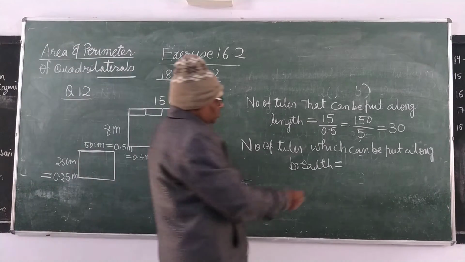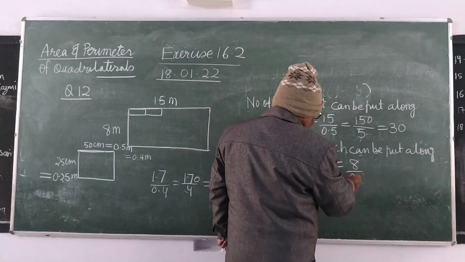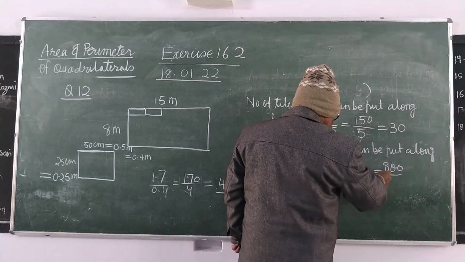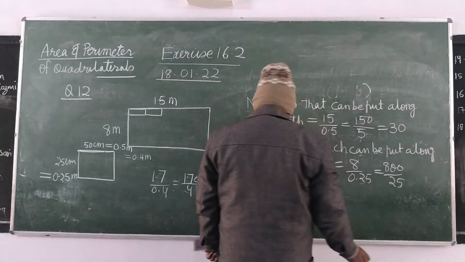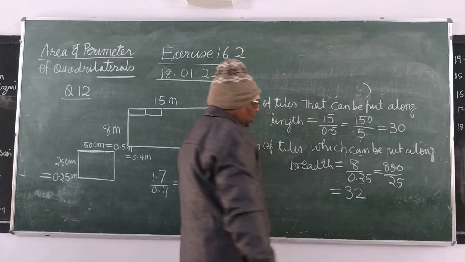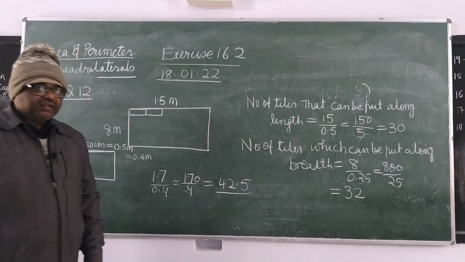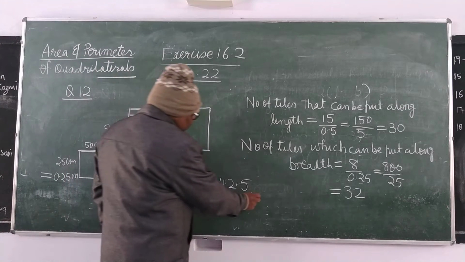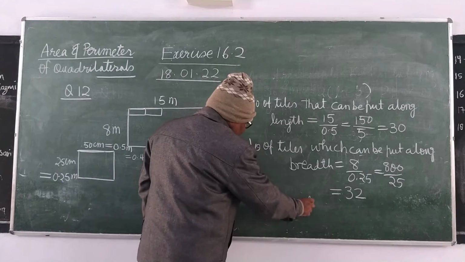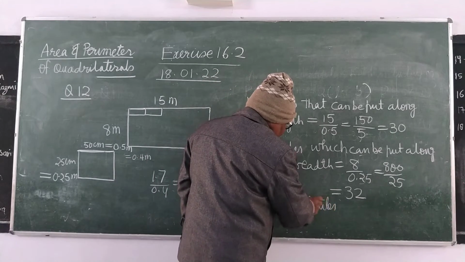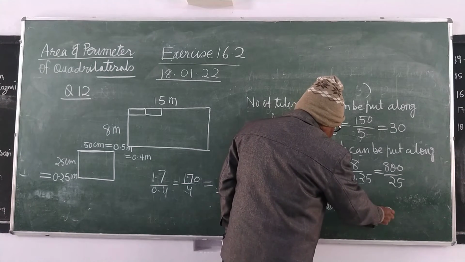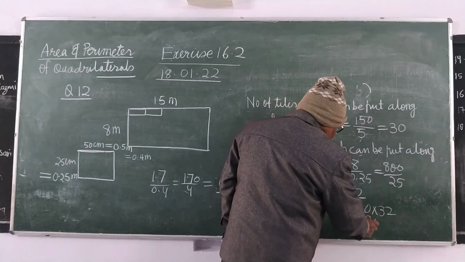So 8 upon 0.25, that is equals to 800 upon 25. When you will divide it, 32 tiles. It's clear? So total number of tiles equals to 30 into 32 equals to 960 tiles.